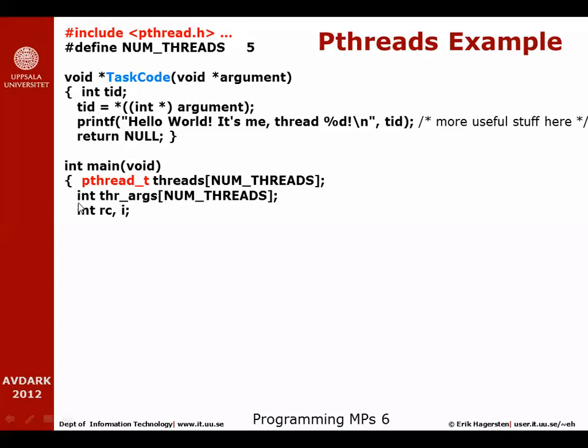Then we have another vector with some thread arguments. And then we have some local variables.